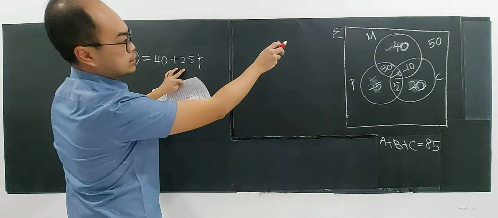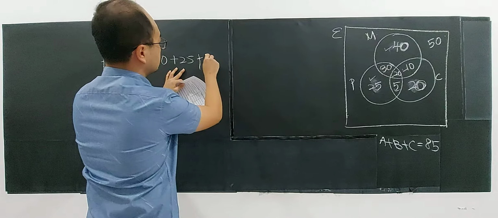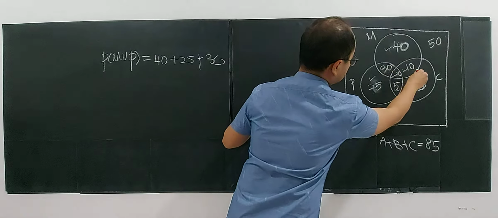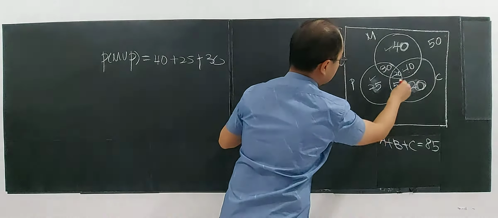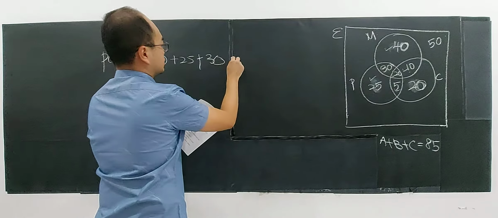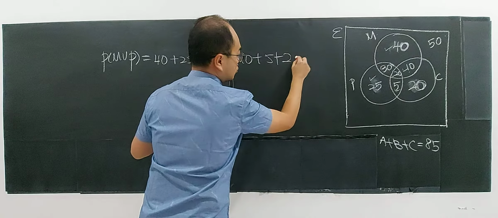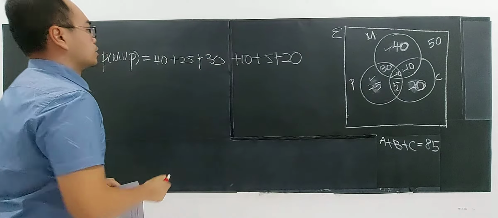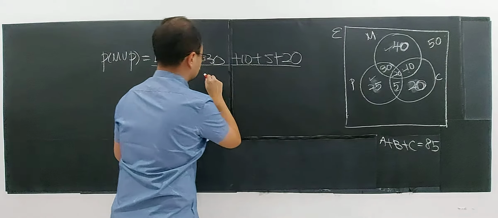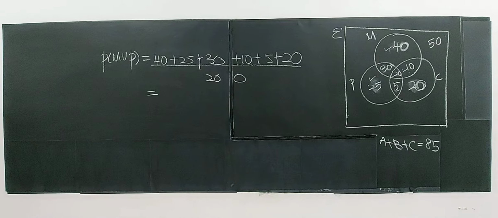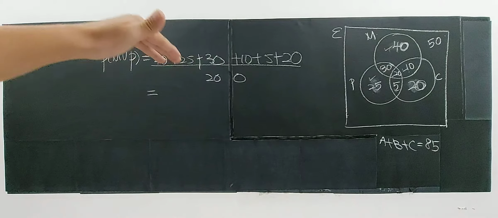So 40 plus 25 plus 30, be careful, plus 10, 5 and 20, then overall you divide by 200. This is the meaning of union. You must understand union.